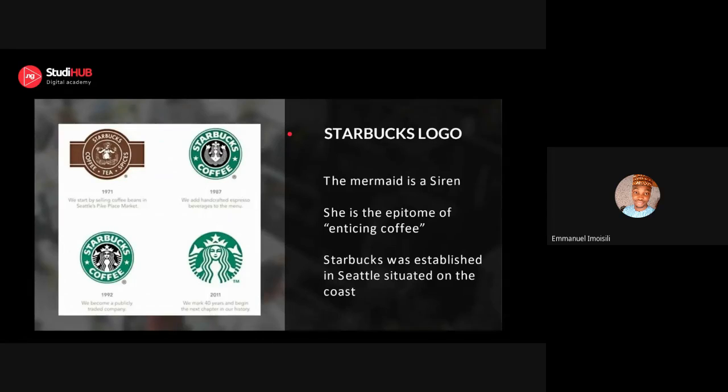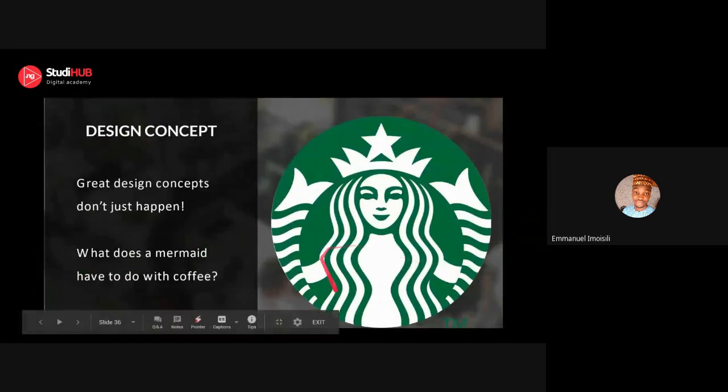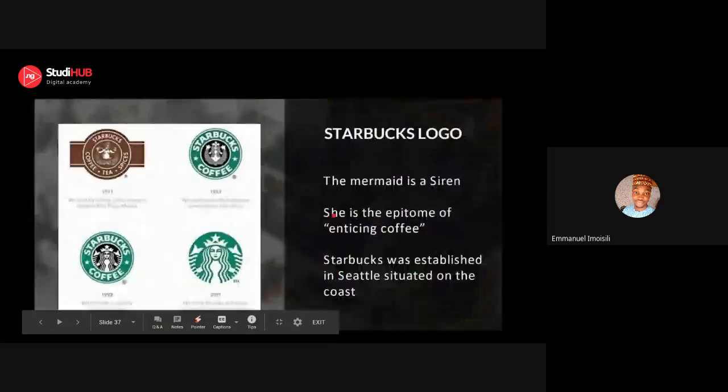When they started this company, I think around Michigan, the coffee shop was located close to the sea, and the owners were surrounded by the sea. The mermaid in that logo is a siren.